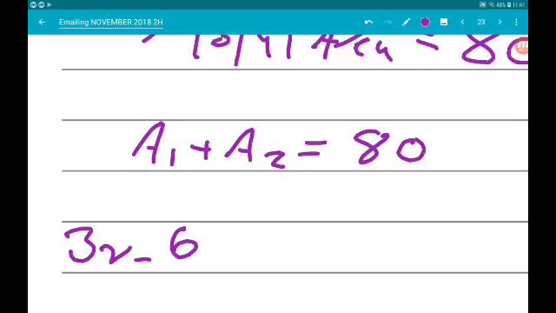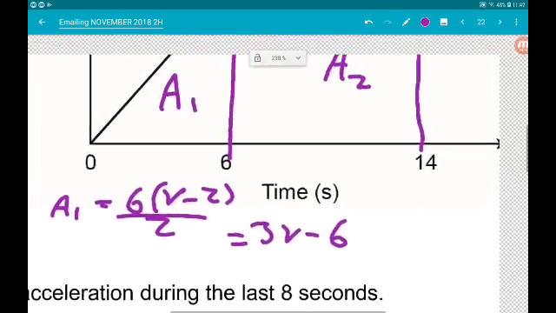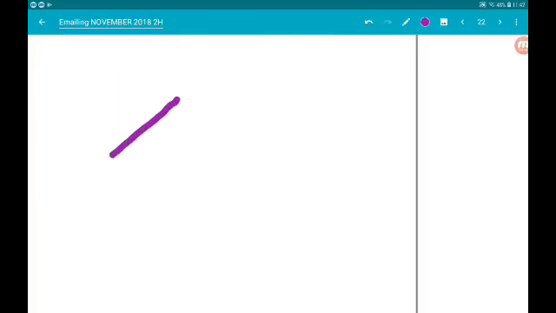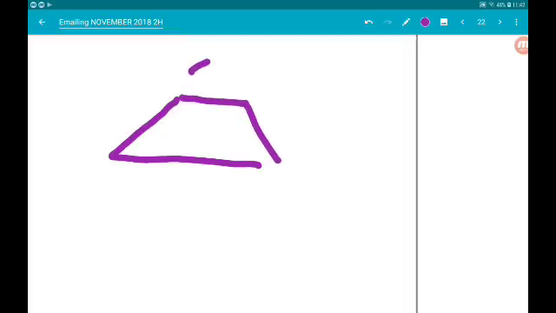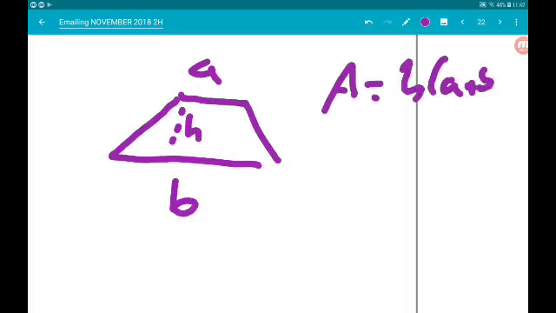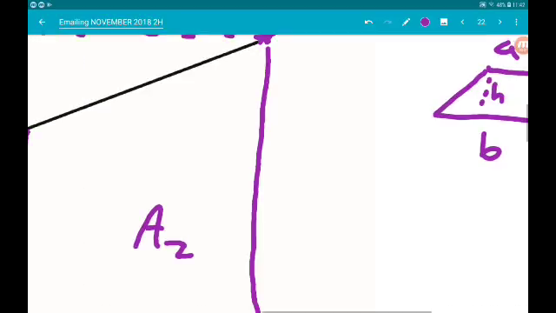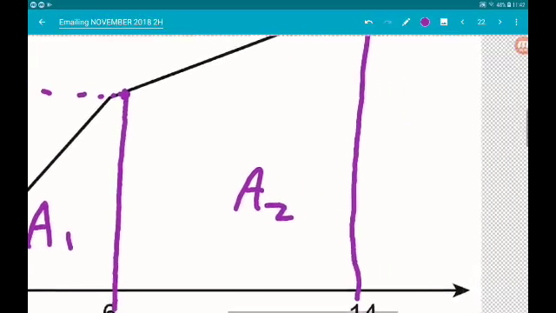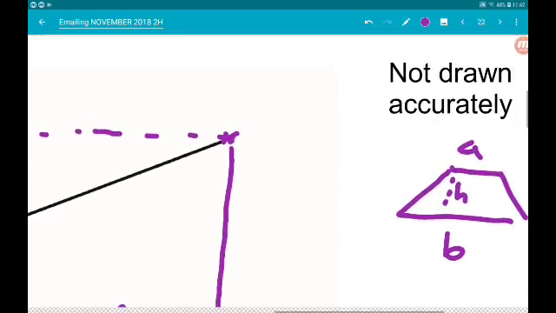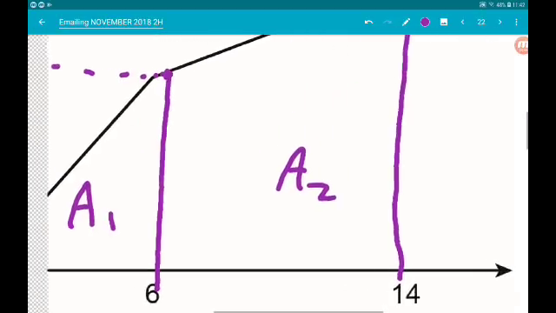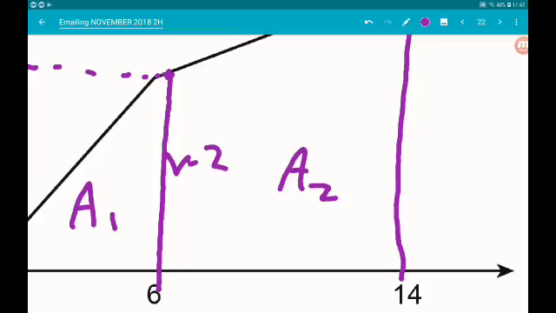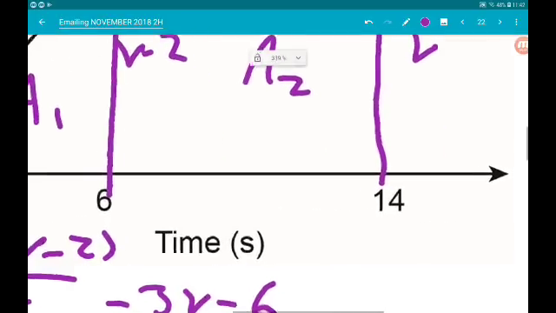Okay, then A2, bit more of a pain, trapezium. So trapeziums, you need to know it. Top is usually a, bottom b, height h, area is height times a plus b all over 2. So here, our top length is v minus 2, our bottom length is v, and our height is 8.